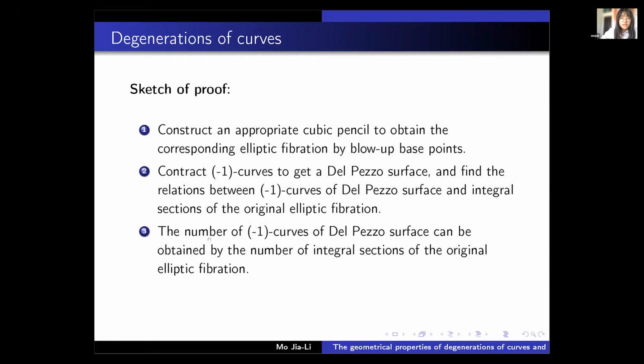Finally, the number of -1 curves of the del Pezzo surface can be obtained from the number of integral sections of the original elliptic fibration. So we notice the integral section. This definition is very important.